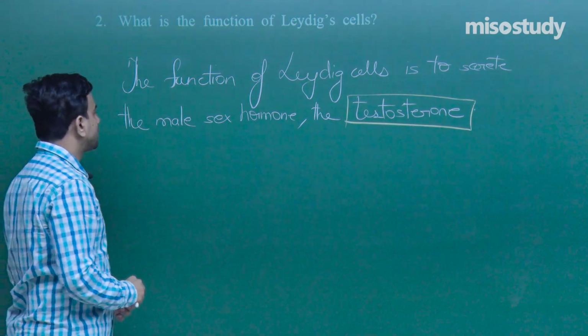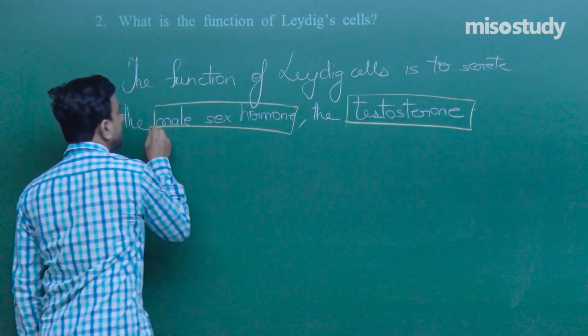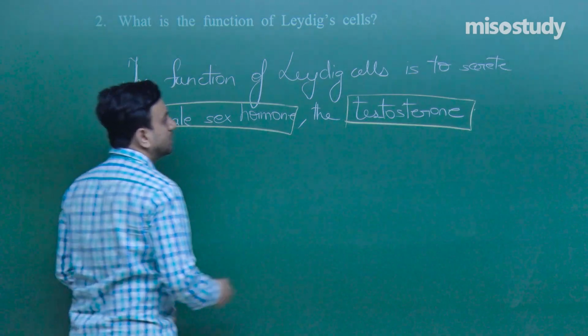The function of Leydig cells is to secrete the male sex hormone, that is the testosterone.